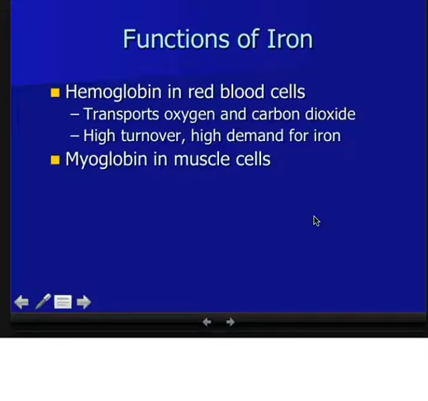in oxidative metabolism. It's also a component of the electron transport chain, which is a series of reactions that take place in the inner mitochondrial membrane that result in the oxidation of compounds such as FADH2 and NADH into NAD and FAD.